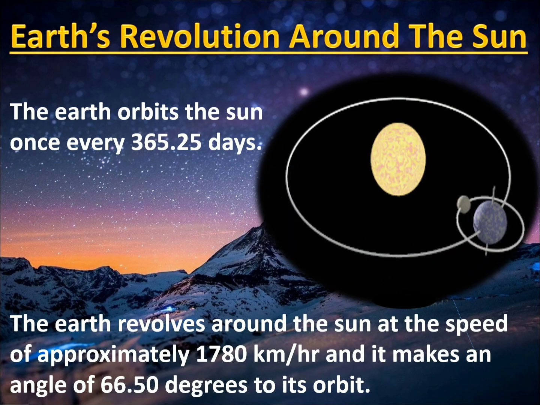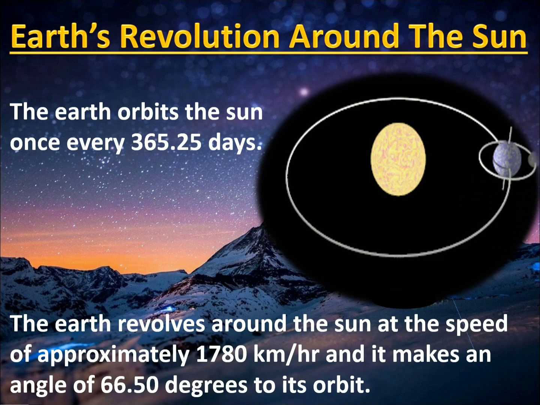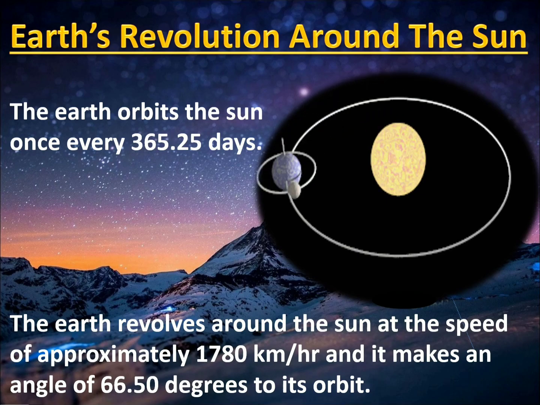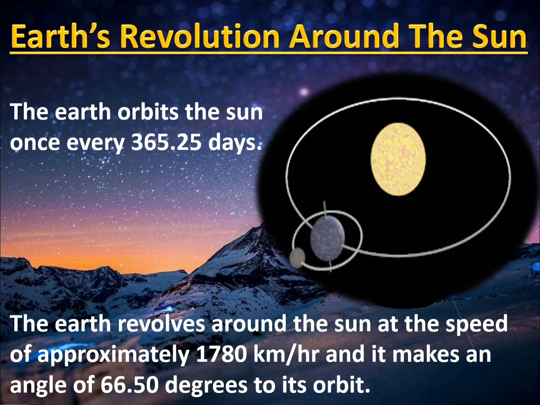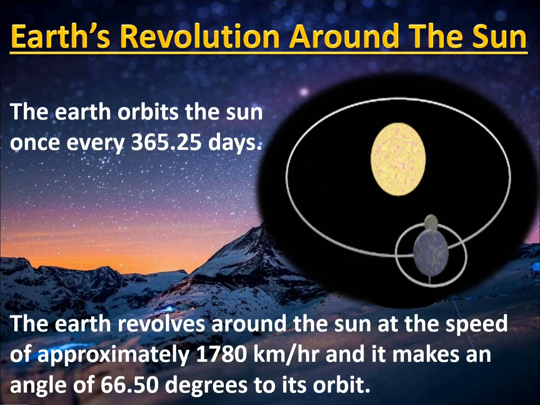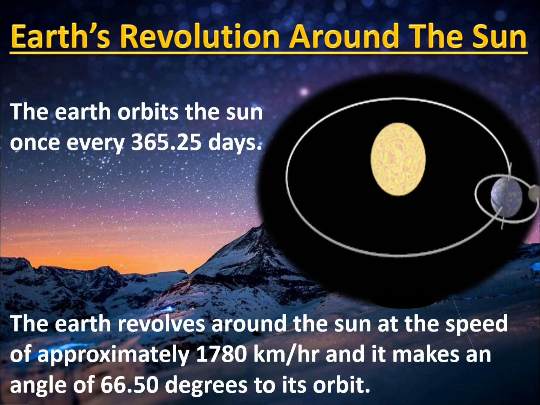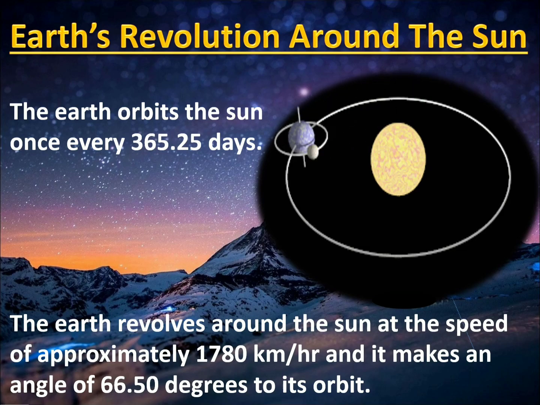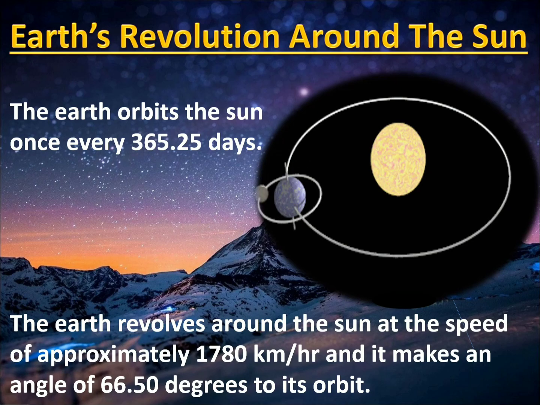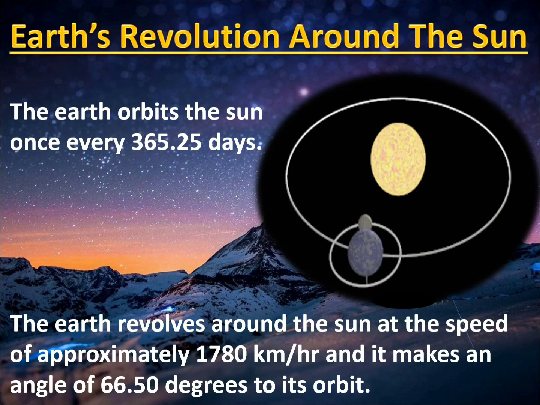Confused? Because we know that the Earth takes 365 days to complete one revolution, and that period is known as a year, right? But to be precise, actually the Earth takes 365.25 days to complete one revolution.